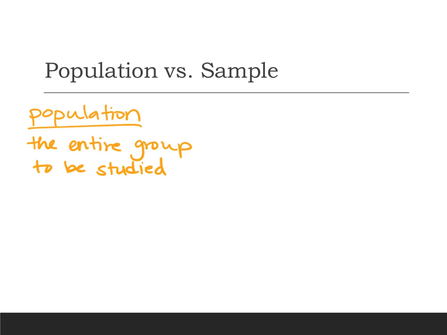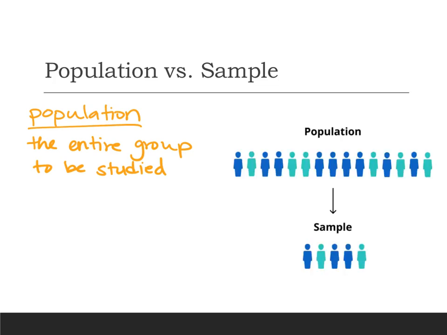So our population is the entire group to be studied, and then our sample is drawn from the population. Our sample is just a subset of the population.